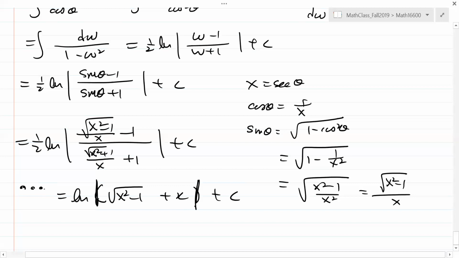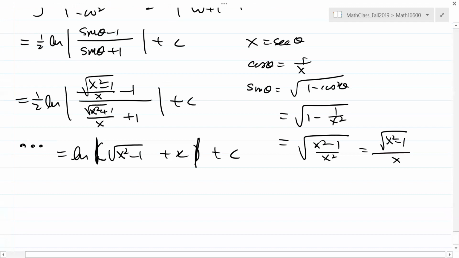Those are the trigonometric substitutions. Sometimes you can use a traditional substitution to simplify, and sometimes you have to use a trigonometric substitution to solve it.